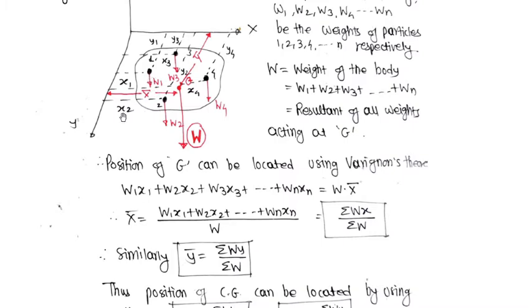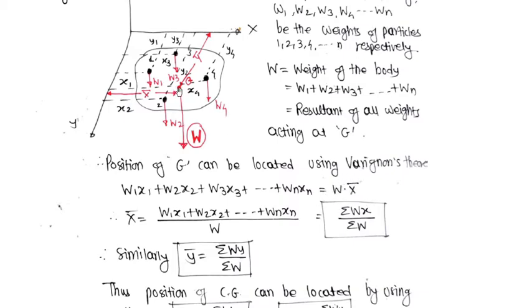So, W1 x1 plus W2 x2 plus W3 x3 plus W4 x4, where x1, x2, x3 and x4 are the distances of these points from the y axis as shown in the figure. So, the left hand side is the sum of moments of all forces about the y axis, which is equal to the moment of their resultant about the y axis.